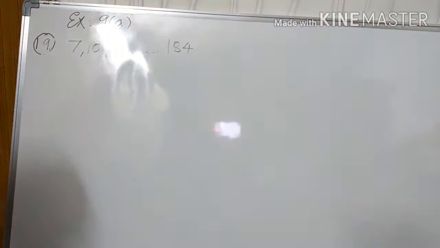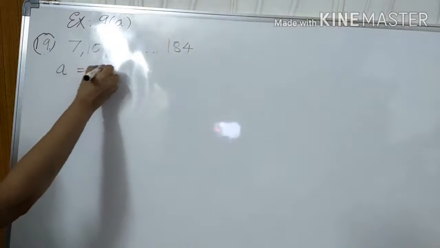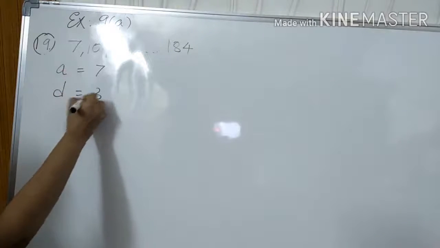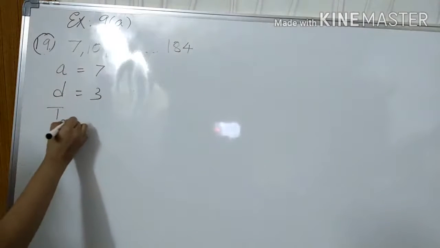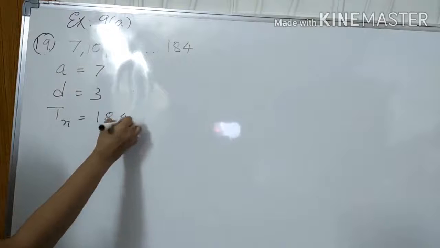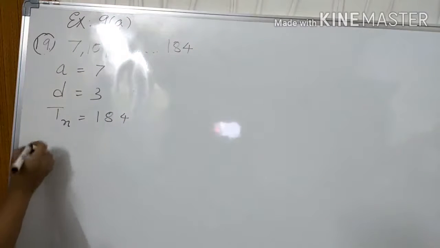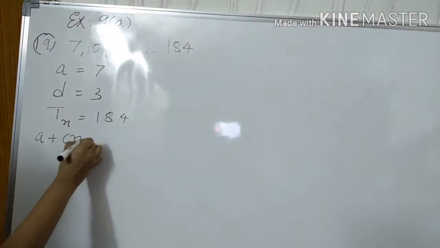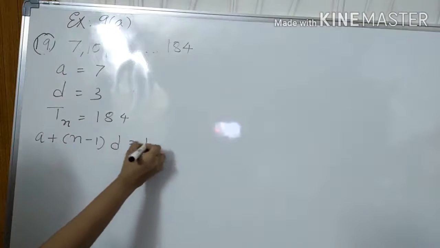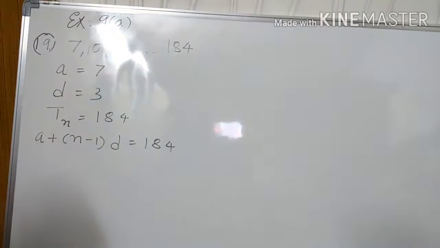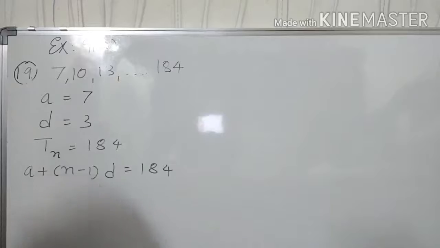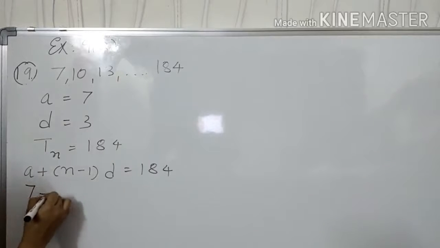From this AP we can write our first term a = 7, common difference d = 3, and Tn, that is the nth term, is 184. Now using the formula for the nth term, I will find the n value. Here I have written the formula. So now here place the value of a = 7.